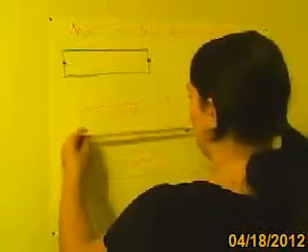Another way that you could check it is to see how long one paper clip is. You would take your ruler, and this paper clip is an inch long, and then you could look and see how many inches this square is.